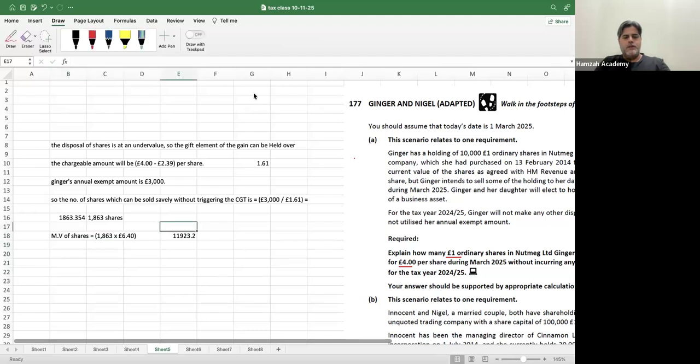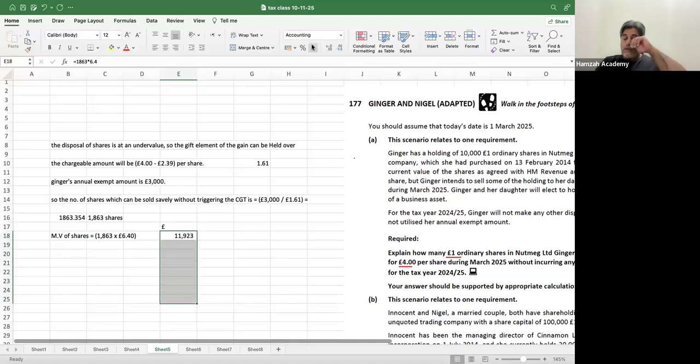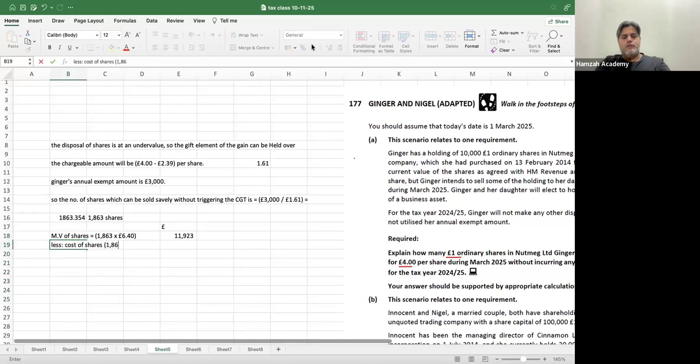So that's going to be 11,923, less cost of shares, 1,863 into 2.39, since I got the shares for 2.39. 1,863 into 2.39 is 4,453.